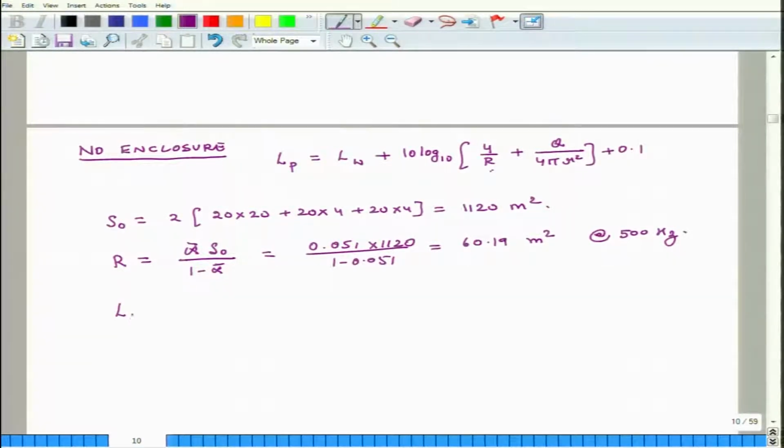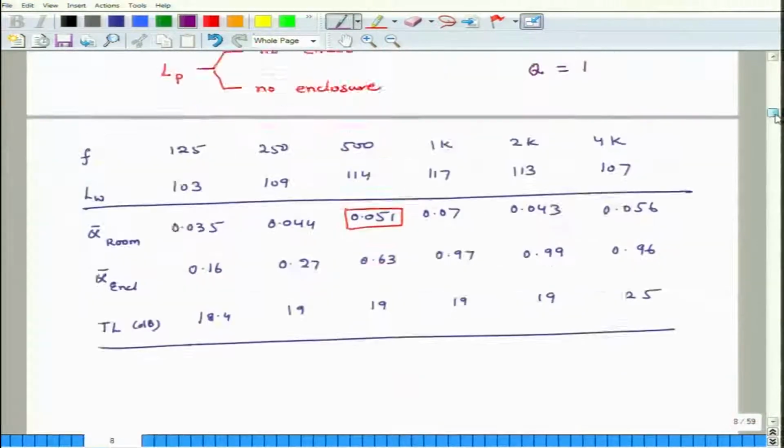So, now I can compute LP, LP equals LW. At 500 hertz, what is the sound power level? 114.